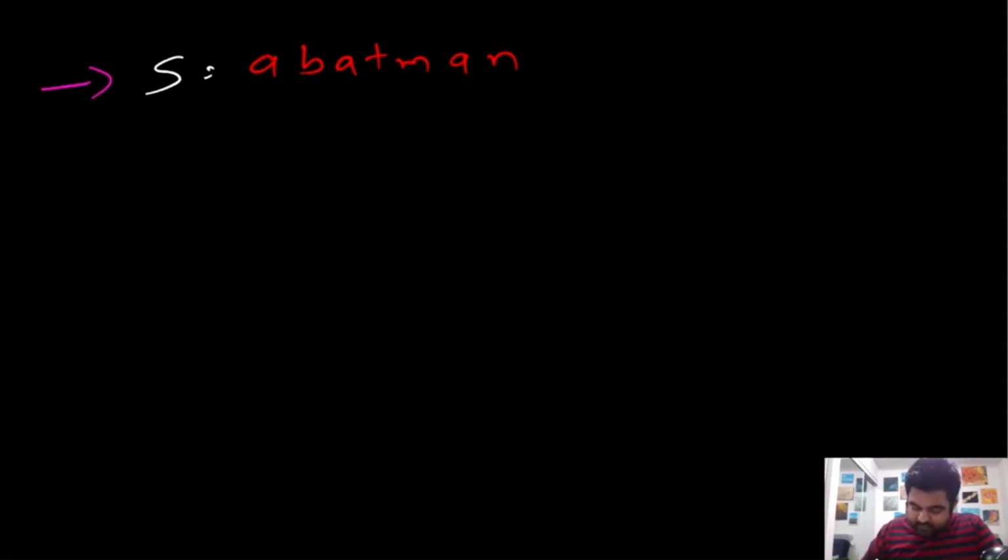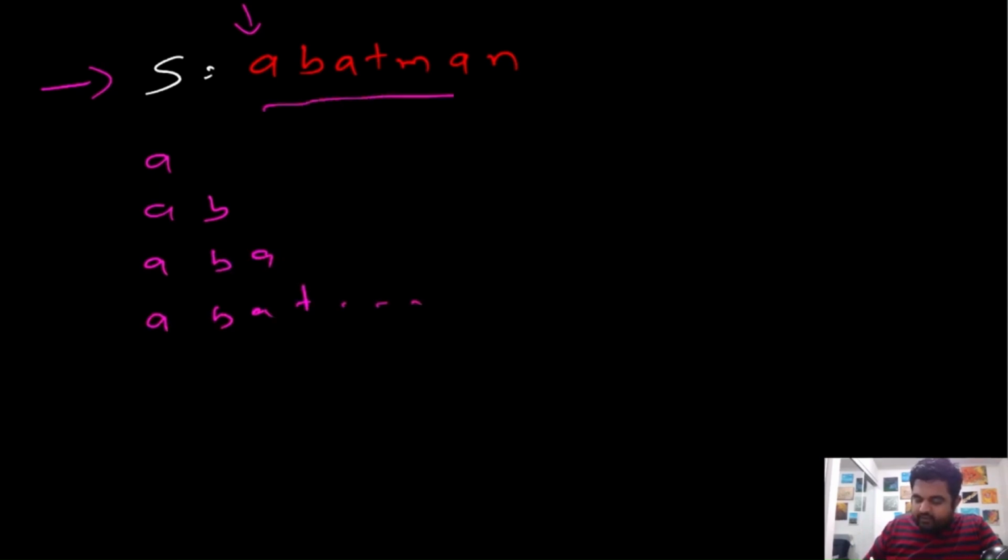So if I show you by an example, in this case the number of substrings we can make is, okay, let's start from this A. So from this A we can make a substring of A, we can make a substring AB, we can make a substring ABA, we can make a substring ABAT, and so on and so forth. We can make all of these substrings.